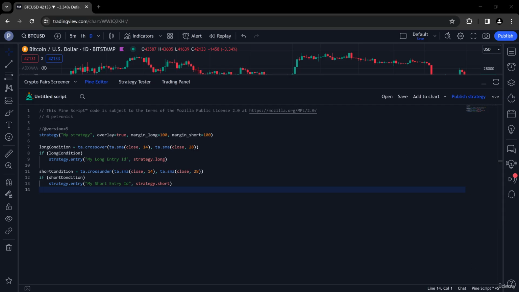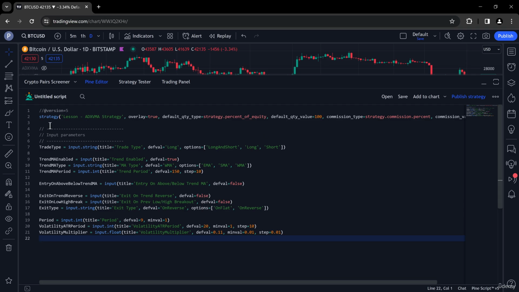Next, we are going to insert section by section into the Pine script editor, and I'm going to explain line by line what each section does and what it is used for in our trading strategy. So let's start inserting section by section.